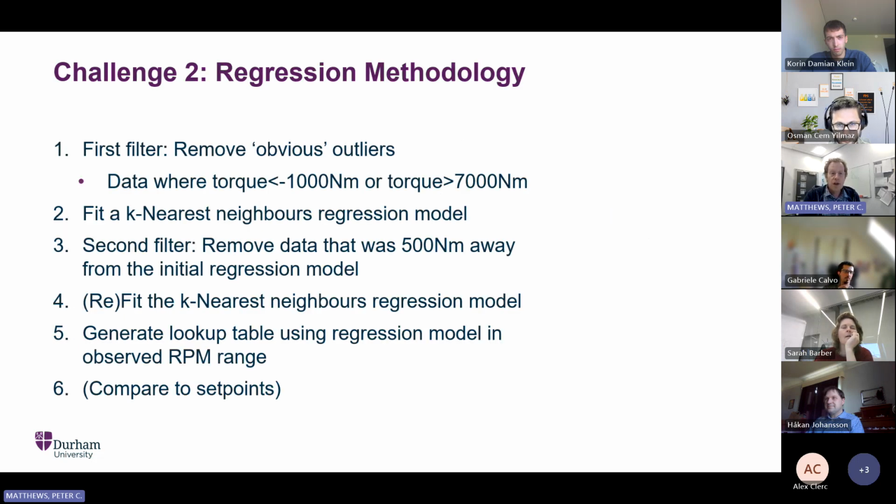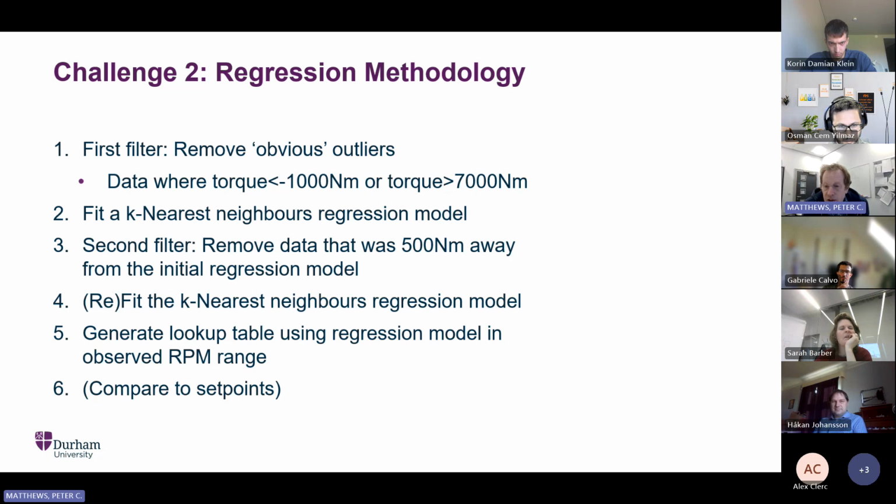So the methodology was an iterative filtering. The first filtration was to remove all the obvious outliers, so I removed any data points where the torque was below -1,000 Newton meters or greater than 7,000 Newton meters. I then fitted a k nearest neighbors regression model to it. A second filtration pass removed any data more than 500 Newton meters away from that initial regression model.